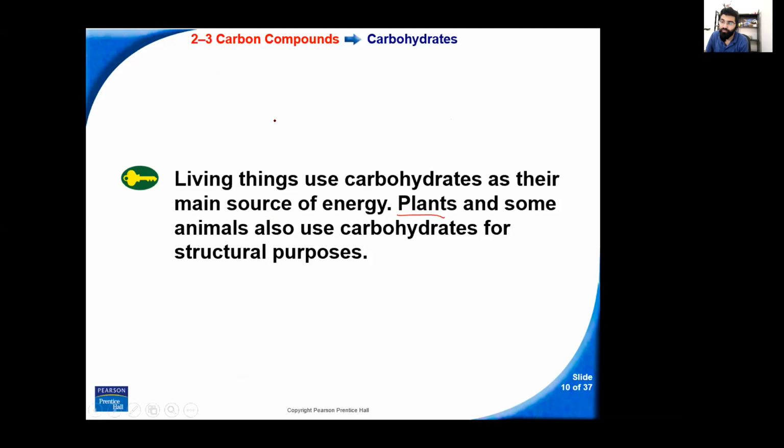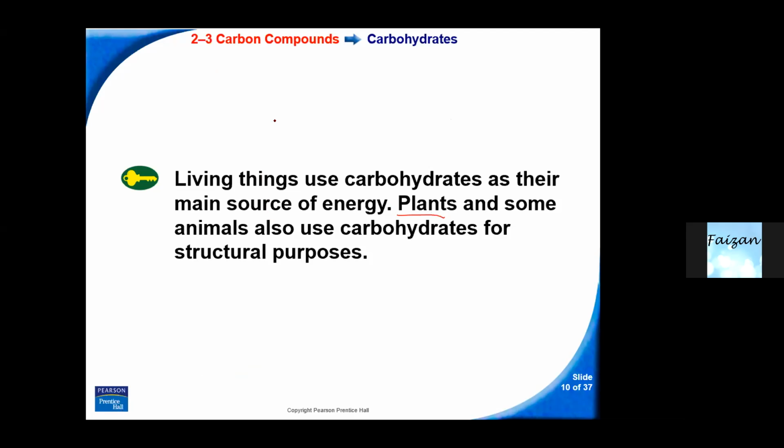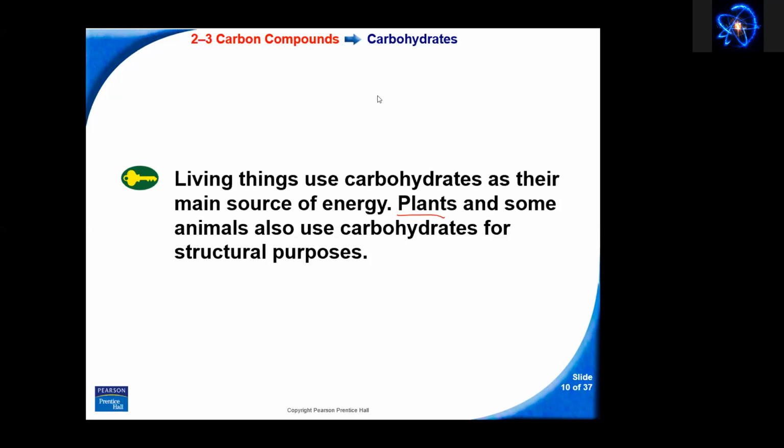Who remembers? Easy, in the plants. Raise your hand if you have the answer. Yes, Muhammad Abu Ghandar. Photosynthesis, excellent. Carbohydrates are built up in the plant by photosynthesis. So plants and some animals also use the carbohydrates for structural purposes, not only as a source of energy.